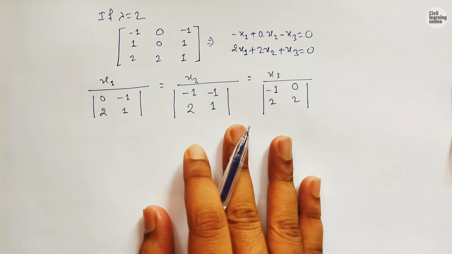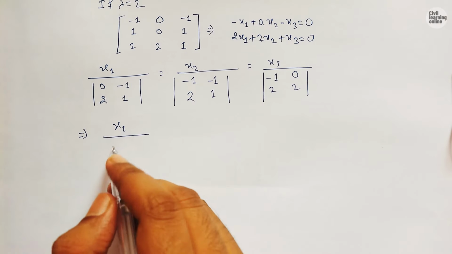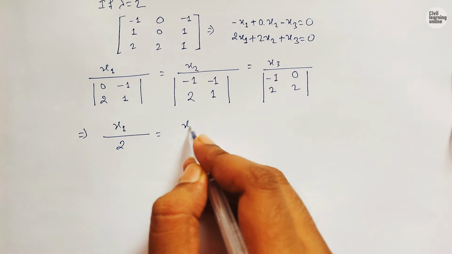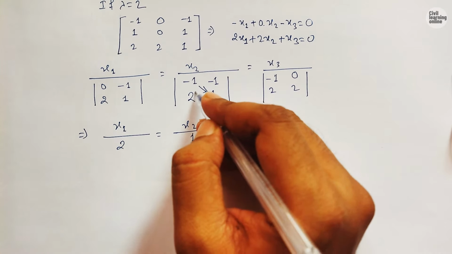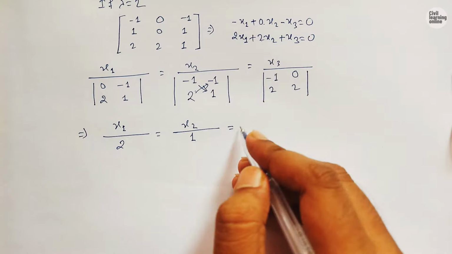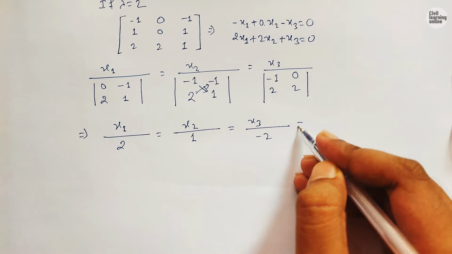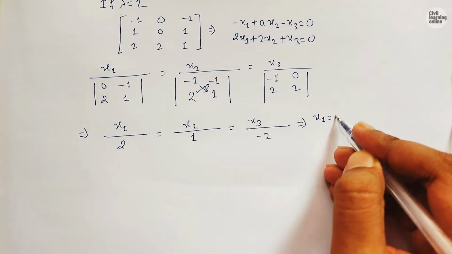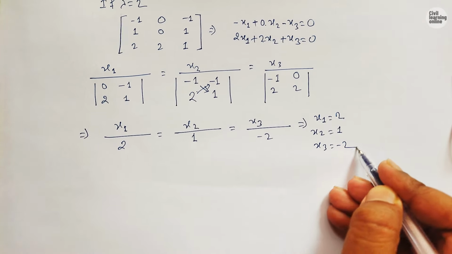Cover this. So from here we will get x1 upon 2 equals x2 upon 1, positive negative, we will get 1. Similar is the step. So x3 upon minus 2. From here we will get x1 equals 2, x2 equals 1, x3 equals minus 2.